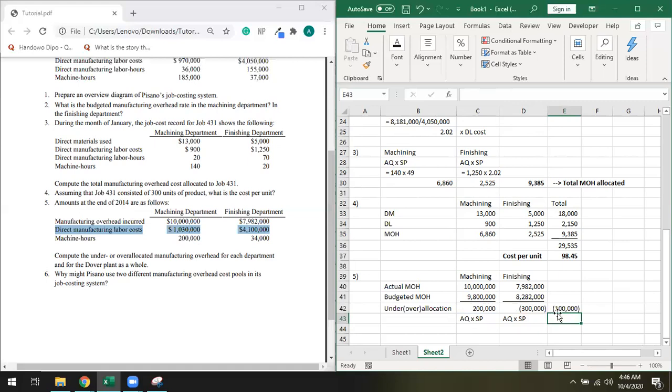Because the result is negative, it means that we over allocate the manufacturing overhead cost in Dover plant. So we have $100,000 over allocation of manufacturing overhead. Here's over allocation of Dover plant.